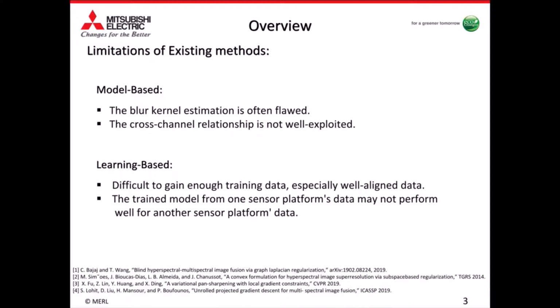Learning-based approaches are limited for two reasons. First, for remote sensing imagery, it's difficult to gain enough training data, especially well-aligned data. Second, the trained model is not generalized enough to perform well across different sensor platforms.